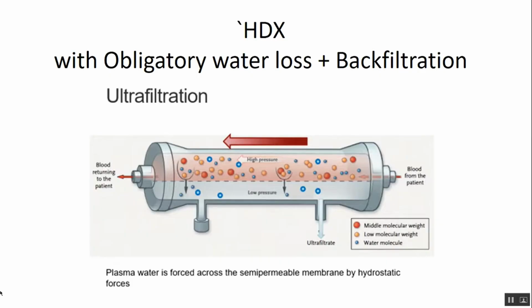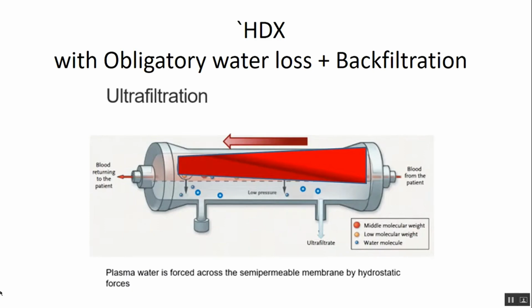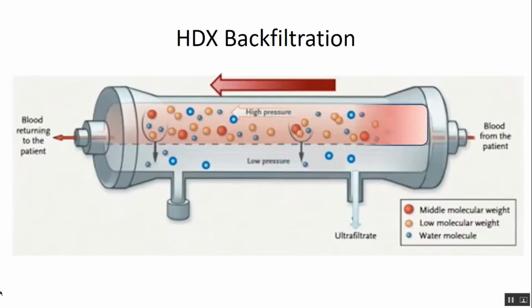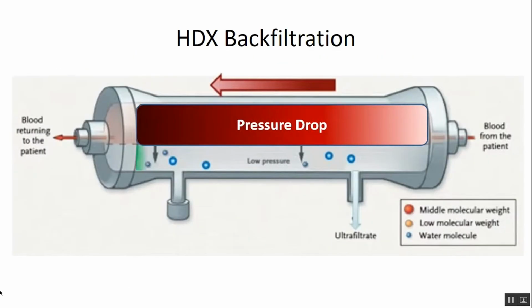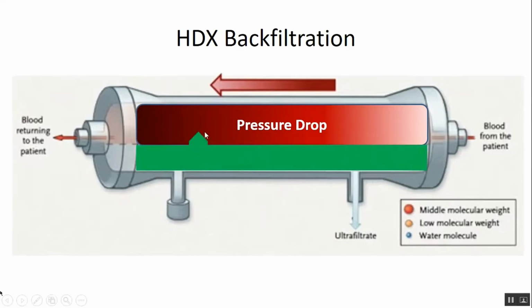In expanded hemodialysis, the ultrafiltration rate is high. That means there is obligatory water loss, and therefore, for control of blood volume, what's called back filtration happens, which is movement of the dialysate to the patient through the dialyzer to compensate for the obligatory water loss.